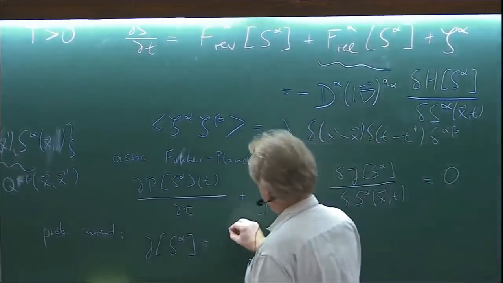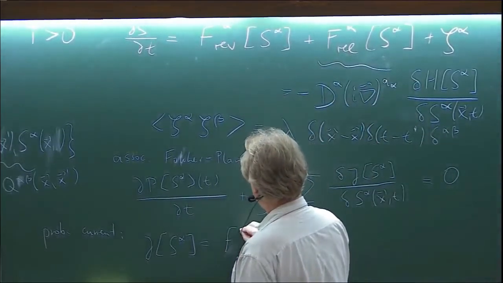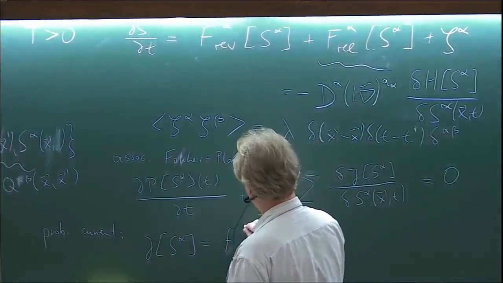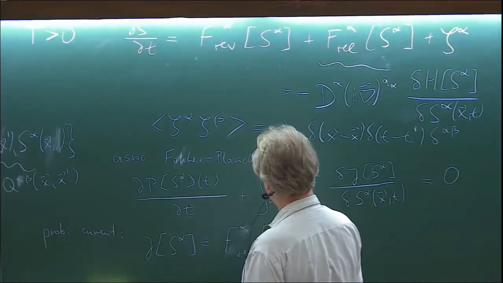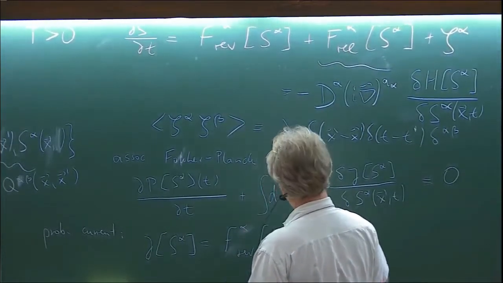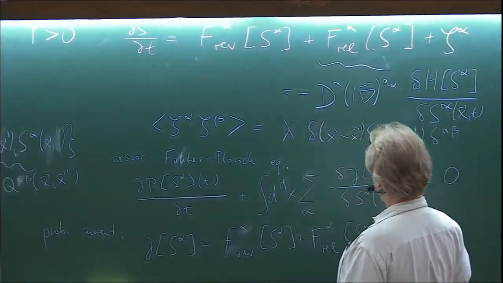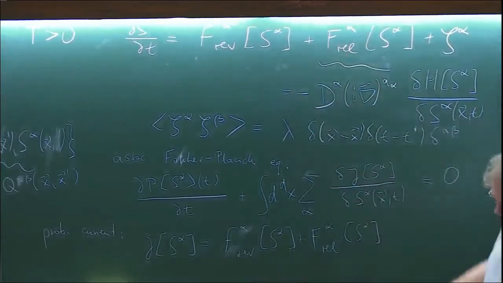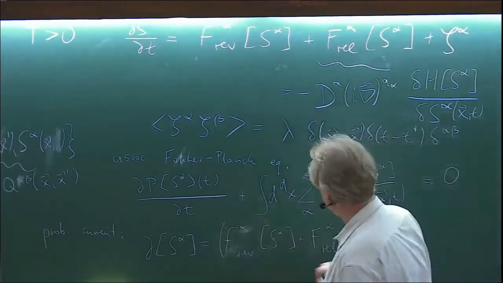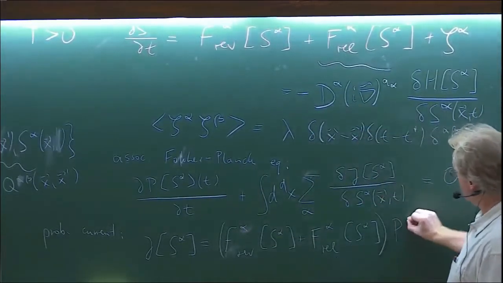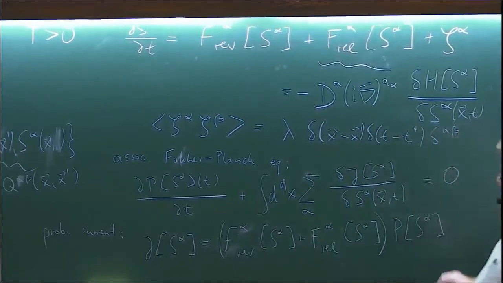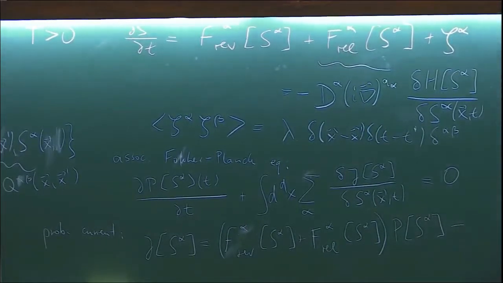So the probability current would have the reversible part plus the relaxational part, the systematic terms in the Langevin equation, and all these need to be multiplied with the probability density. That's the drift term. And then you get the diffusive term in the probability current.